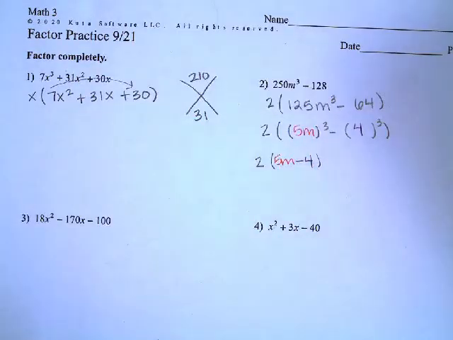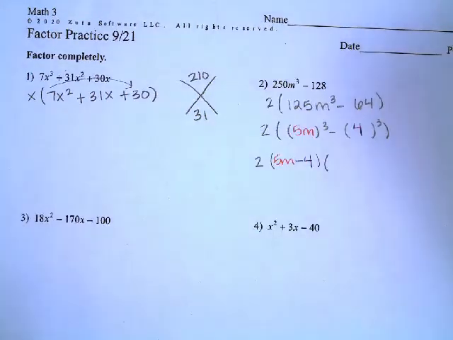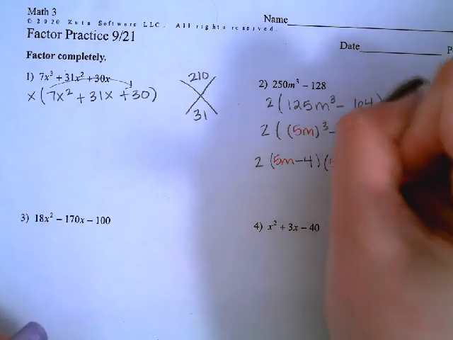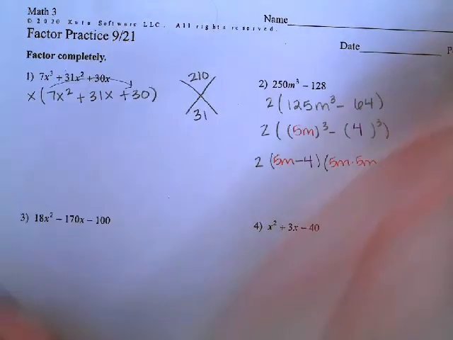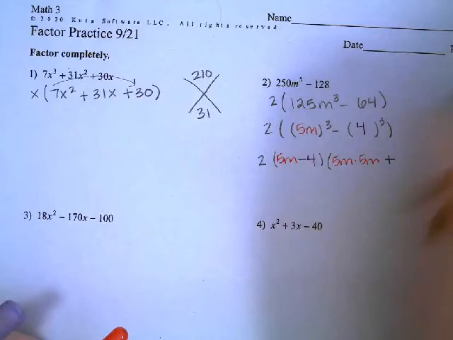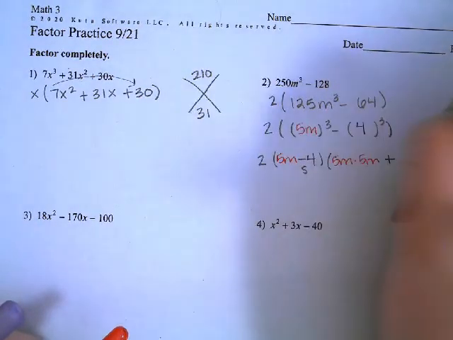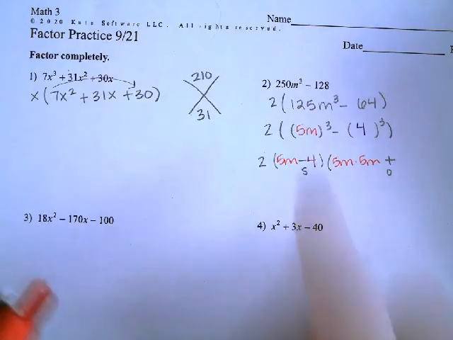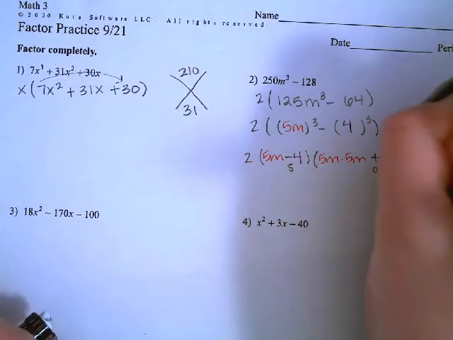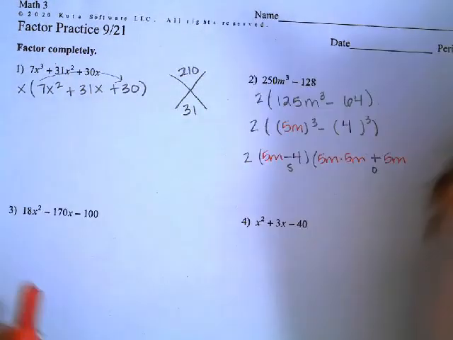And then for the next set of the parentheses, we do the first term multiplied by itself. So 5m times 5m. Then we do the opposite sign, so we're remembering SOAP. Same sign, opposite sign, and then we do the first term times the second term. So 5m times 4.